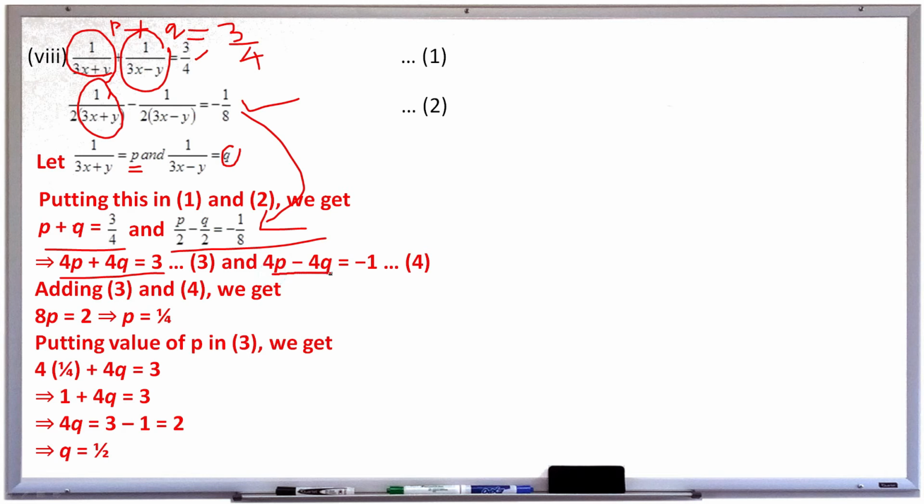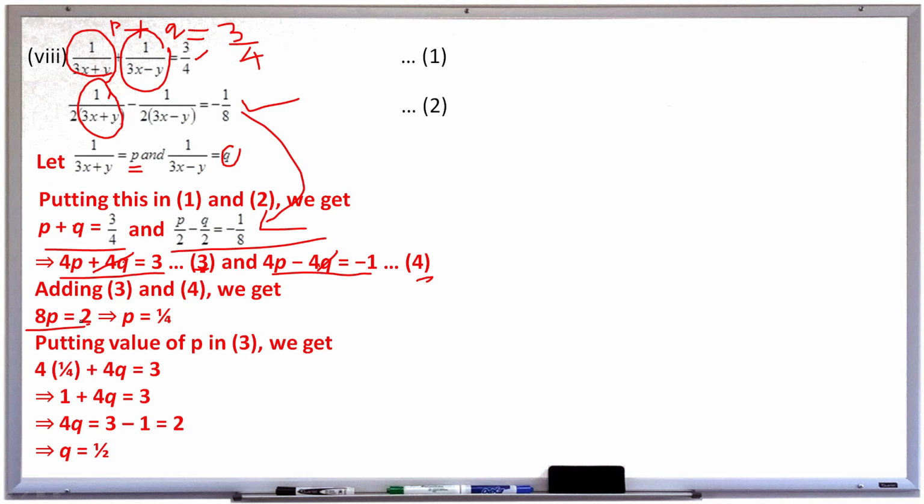Simplifying, you will get 4p minus 4q is equal to minus 1. Now you see here 4q, and here minus 4q. These are equation number 3 and equation number 4. When you add, 4q and minus 4q will get cancelled. Here 4p and this 4p will become 8p. Right hand side, 3 minus 1 is equal to 2.